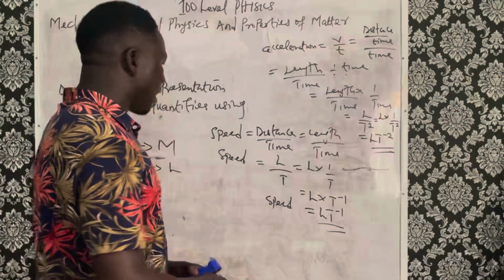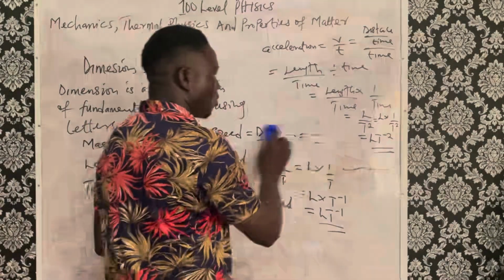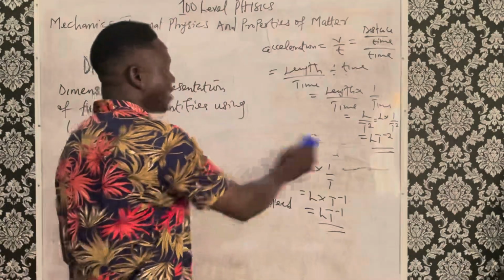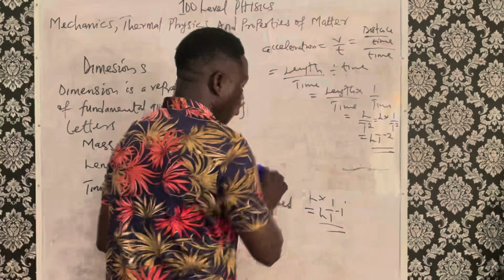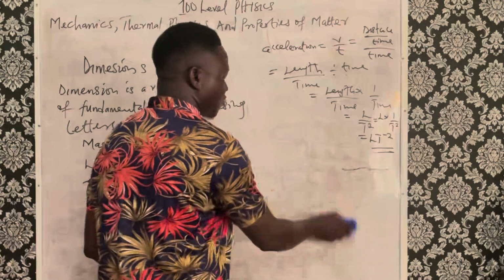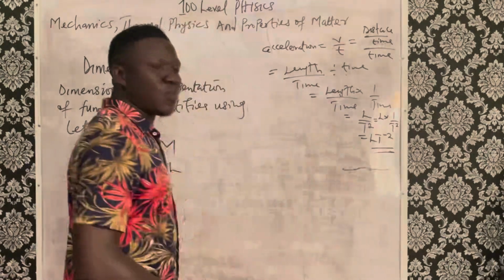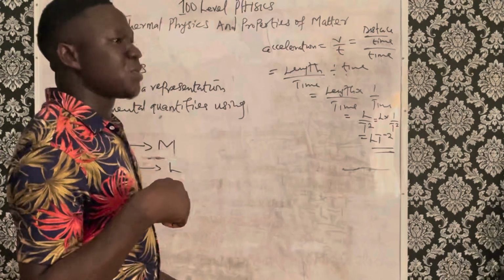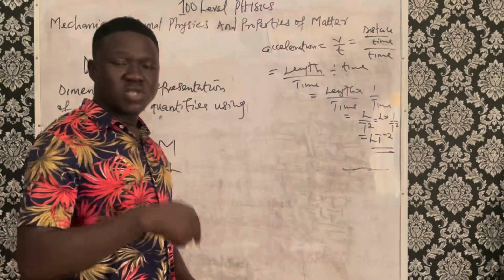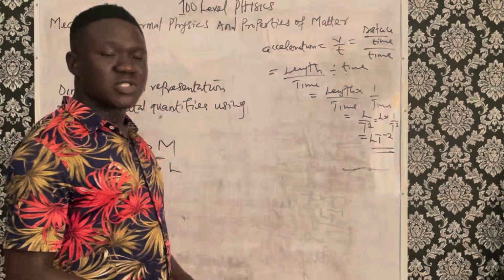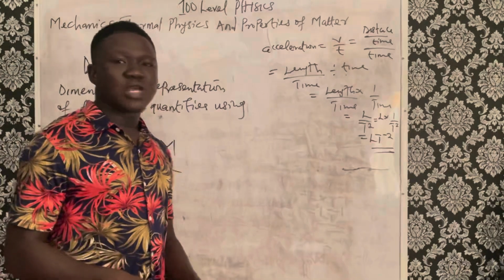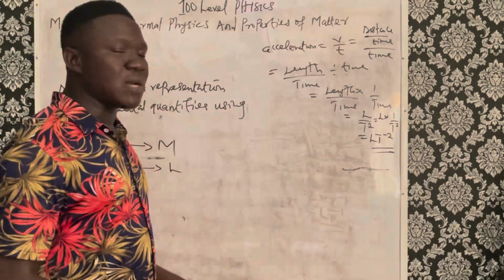We could actually go further. There are other quantities whose dimensions we can check. That's so many now. I'll be putting some of those quantities in the description of this video, so that you take them and work on them also.